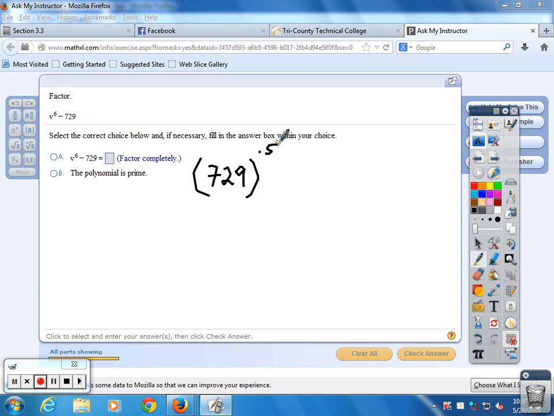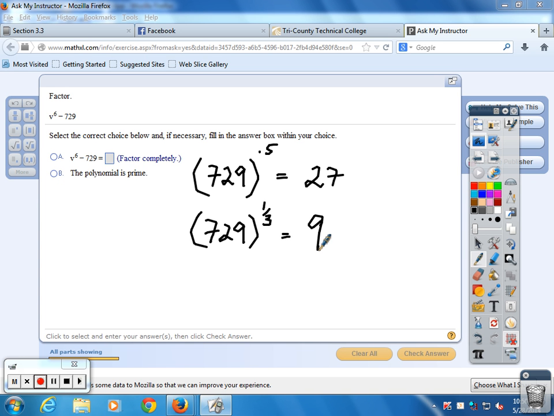27. Now take 729 and raise it to the 1/3 power, or 0.33333. What do you get? 9. So can you do this both ways? Yes, you can. So let's go ahead and do it.